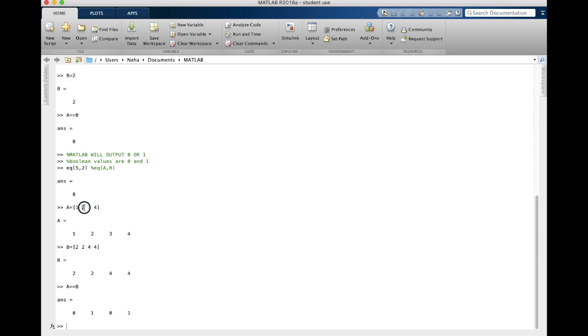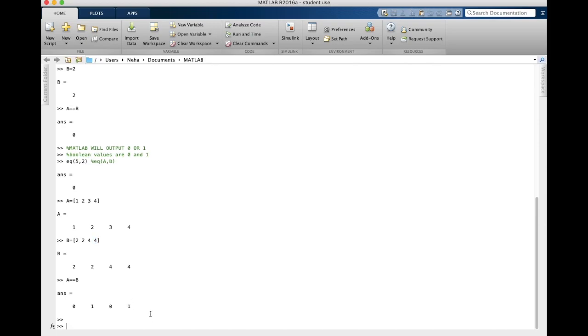The second number here is 2, and the second number here is 2, and they equal one another. So MATLAB gives you a 1 for true. Yes, they equal. Then we do the same thing with the third number and the fourth number. So you will see that the third numbers 3 and 4 do not equal each other, so MATLAB put a 0. And the last numbers in each set equal one another because they're both 4, so MATLAB will give you a 1 for true. They are equal.